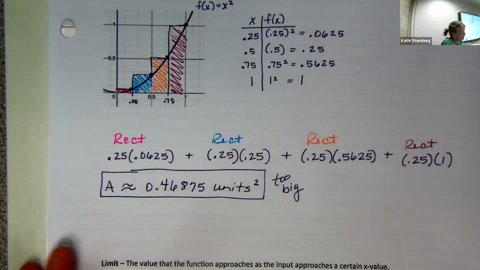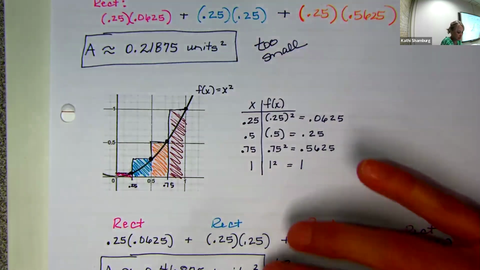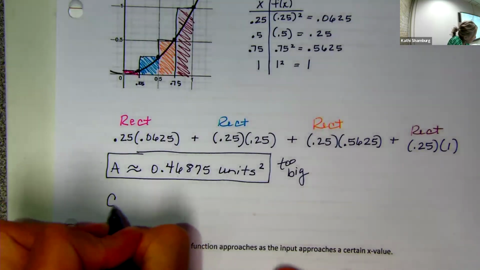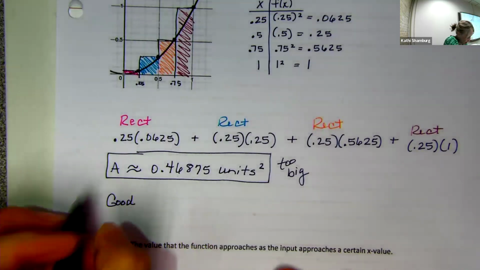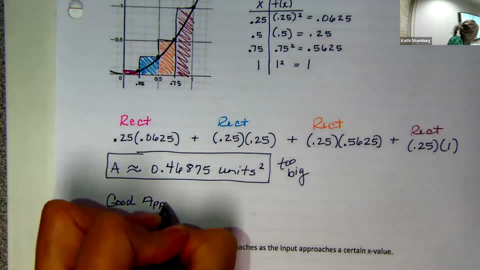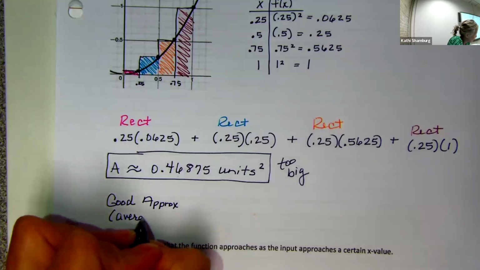All right, so based upon this one that's a bit too small and this one that is a bit too big, then a good approximation is an educated guess by averaging the two.